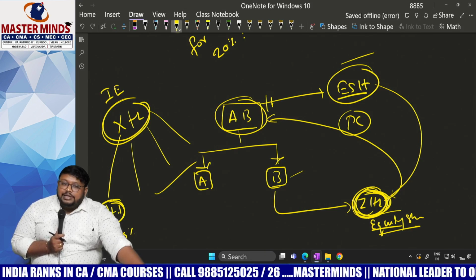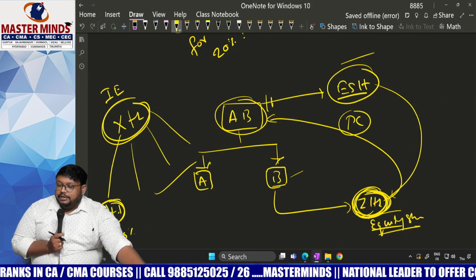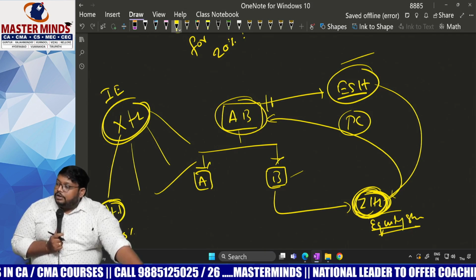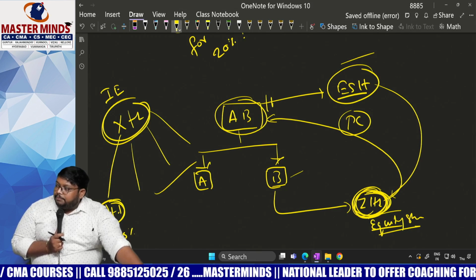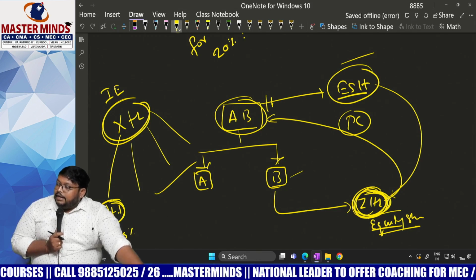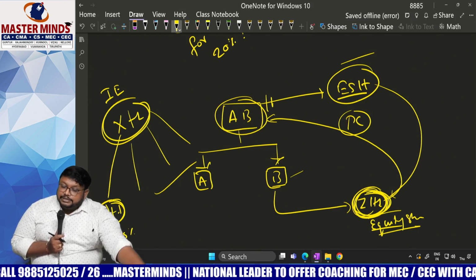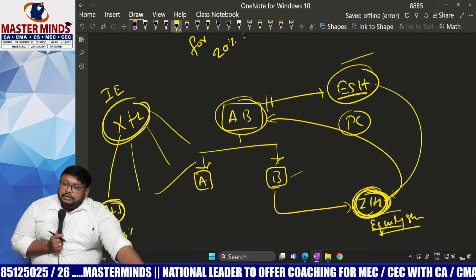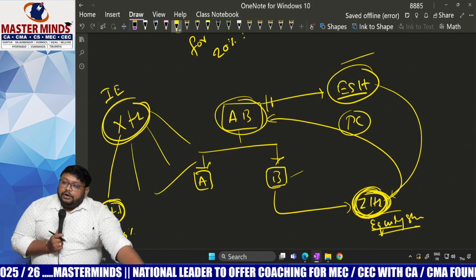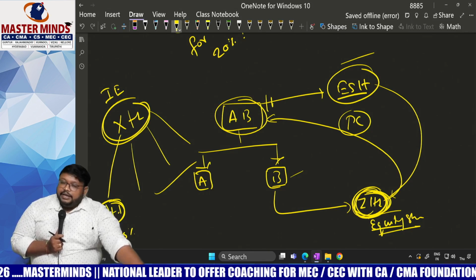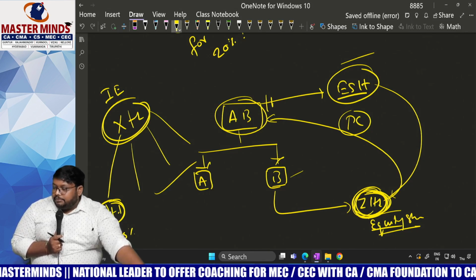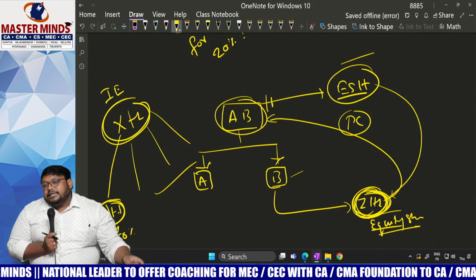If control is not there, business combination will not apply. Ind AS 103 will not apply for investment entities whose major intention is not to control the business. Their major intention is gaining profits by buying and selling investments. So that is about investment entities.